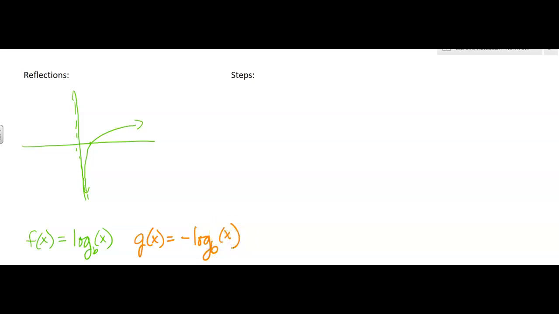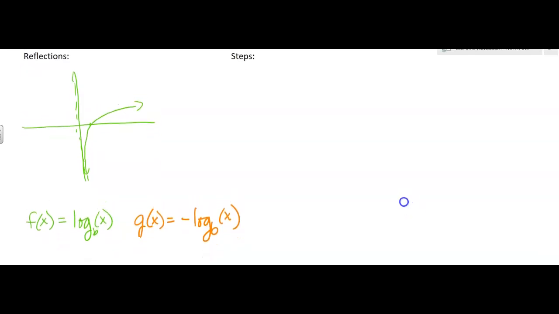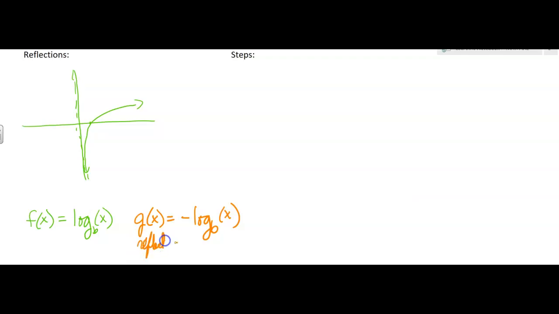That's going to reflect about the x-axis. Okay, so it's still going to go through that point, but it's going to look like this. Okay?